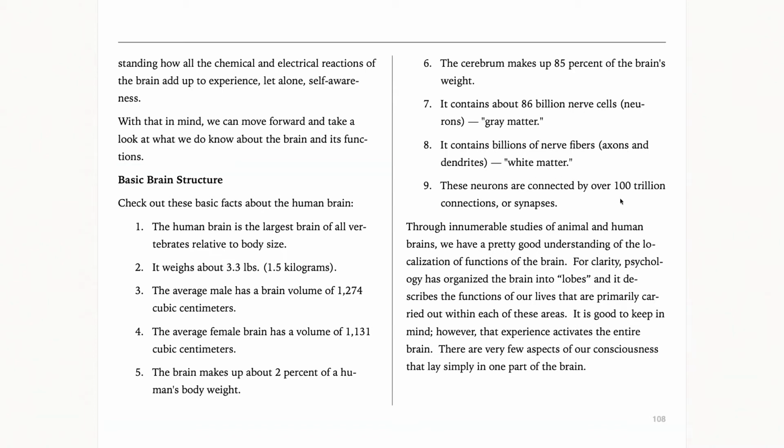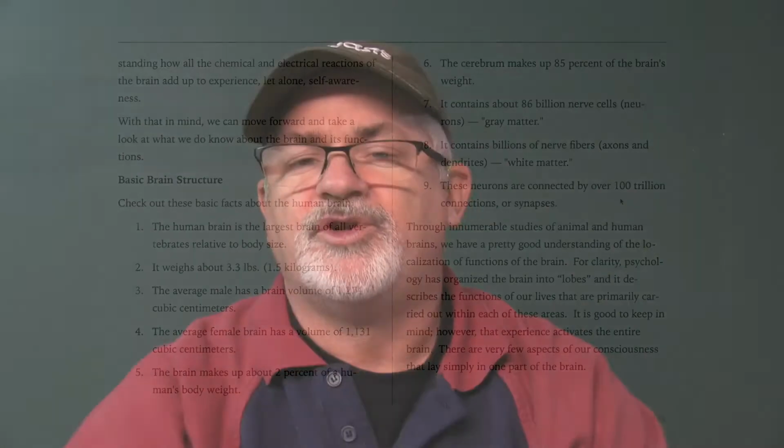And there are over 100 trillion connections or synapses. If you think about that in computer language, transistors and connections and ones and zeros in terms of how information is processed, that's a lot of connections. The brain is an incredibly complex part of our bodies.